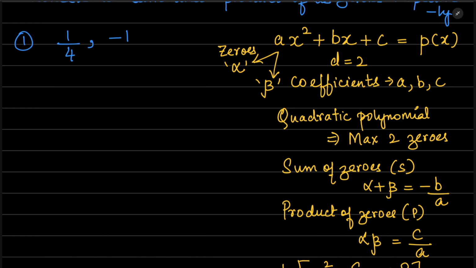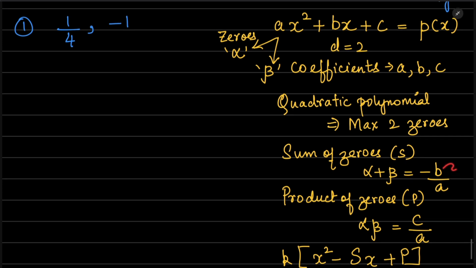If you are asked the relationship between the coefficients and the zeros, these are the two very important things, wherein you are able to relate the zeros with the coefficients. Alpha and beta are the zeros, a, b, c are the coefficients. So alpha plus beta is equal to minus b by a, and alpha beta is equal to c by a.